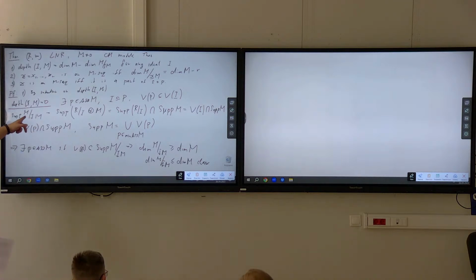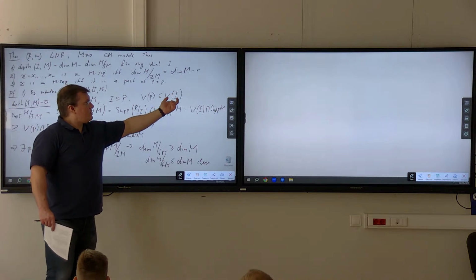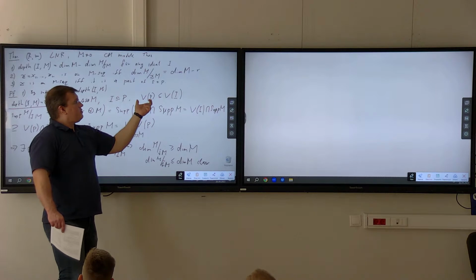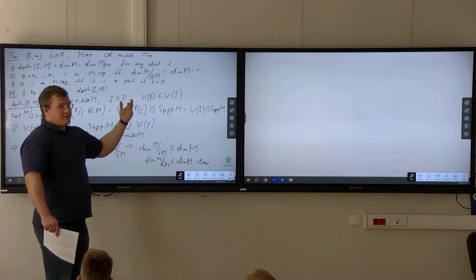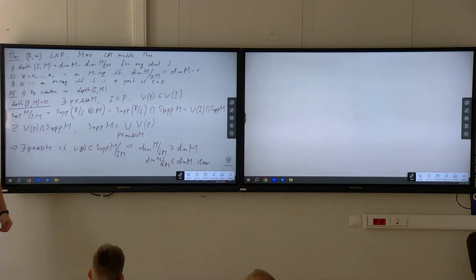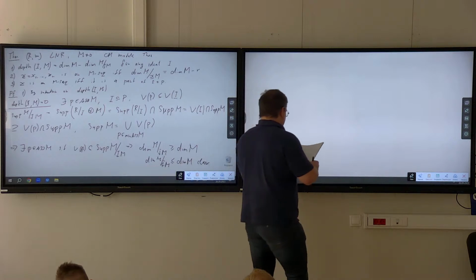So I take this coherent sheaf and restrict it to the subscheme given by the ideal I, right? But when I restrict this, I still have inside this vanishing set of I, this subscheme defined by I, an irreducible component of the support. So it means that the dimension cannot drop. That's true. And of course it cannot increase, so the dimension stays the same.